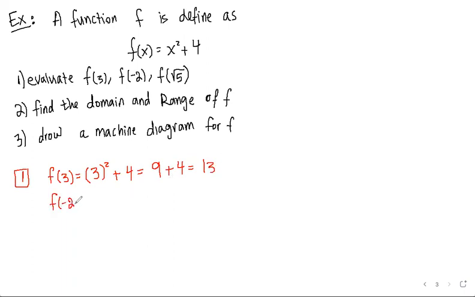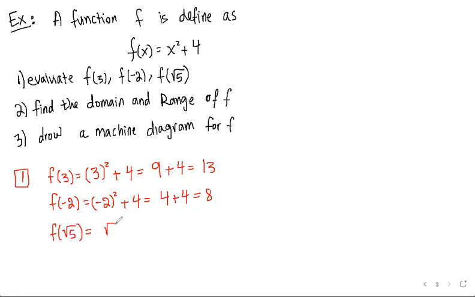And f of negative 2 is 8. So negative 2 squared plus 4. I get negative 2 squared is 4, plus 4 is 8. Yes. And f of the square root of 5, I got 9. Okay.